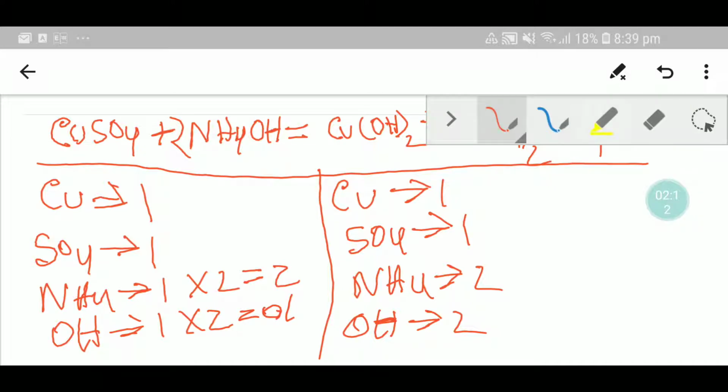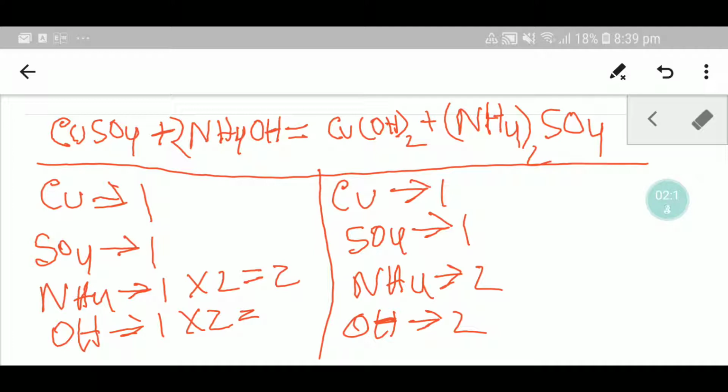We are getting 2 hydroxide here, right? So let me write 2 here, and let me again look at the number of atoms. Sulfate 1 balanced, ammonium 2 balanced, and hydroxide 2 balanced. So this is the balanced equation, right?